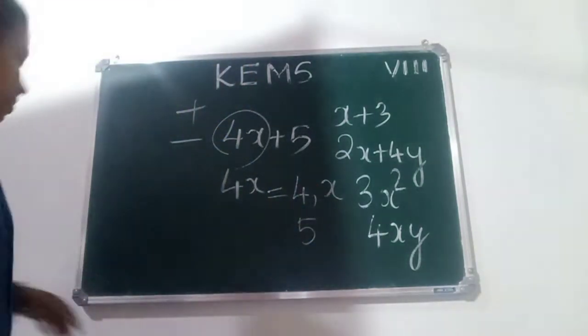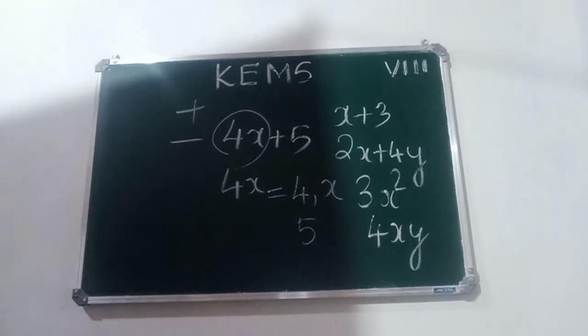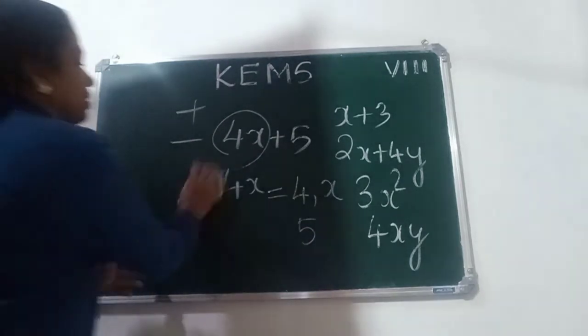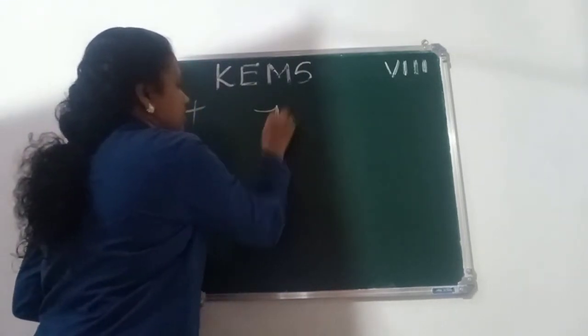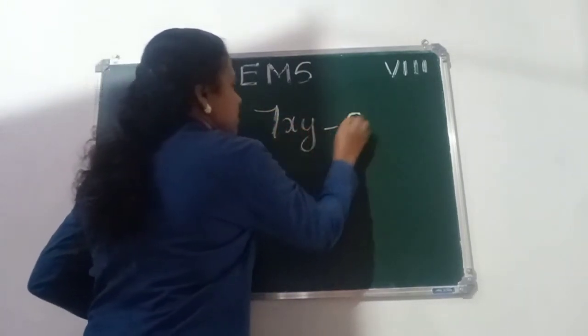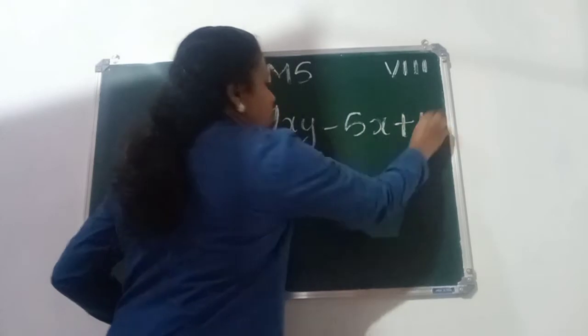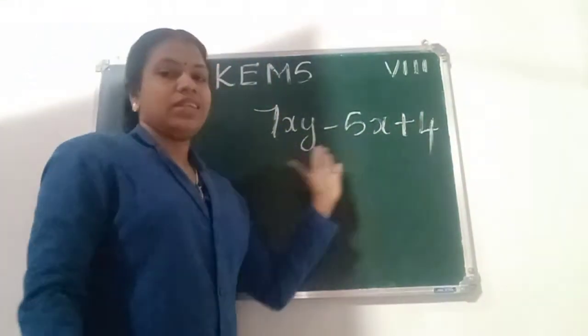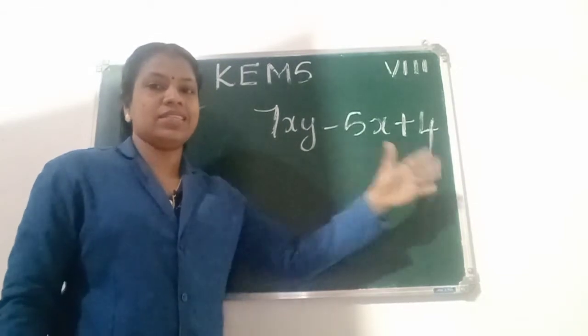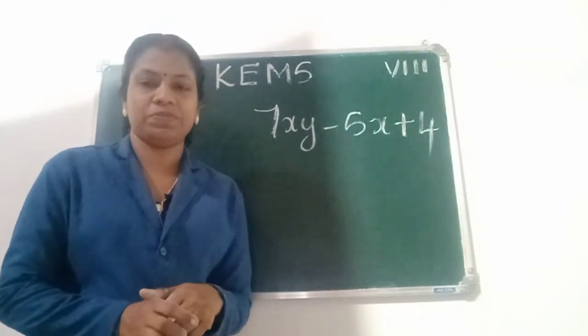Another example. 7xy minus 5x plus 4 is an expression. So, how many terms does this expression have?